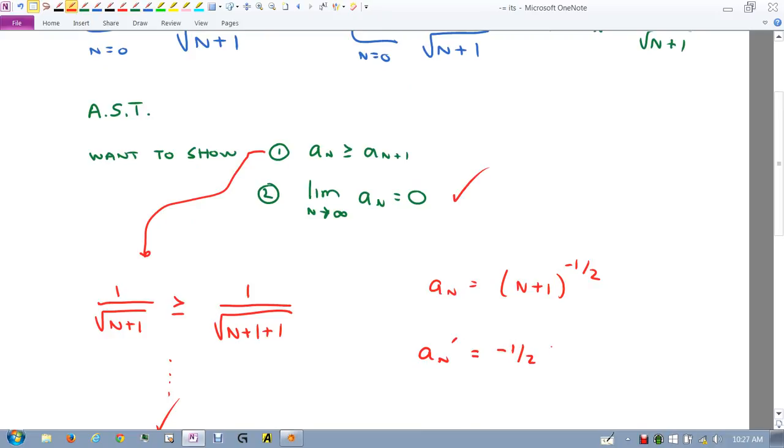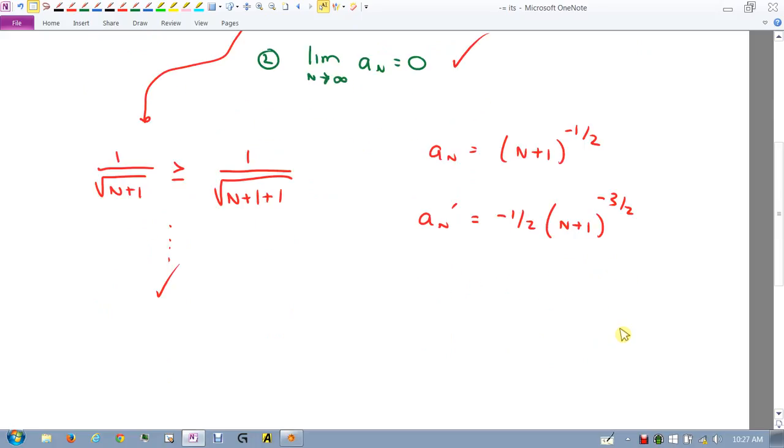Negative 1/2 times n plus 1 to the negative 3/2, which is negative 1 over 2 square roots of n plus 1 cubed. So I'm just using properties of rational exponents. This is the same as this. This is always negative, isn't it?